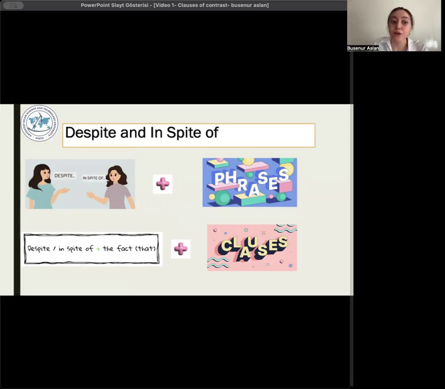But despite and in spite of, don't forget, are followed by noun phrases. You see that in the previous slide, although, though, and even though are followed by clauses, the sentence formation. Here, when you see despite and in spite of, you will add noun formations, phrases.